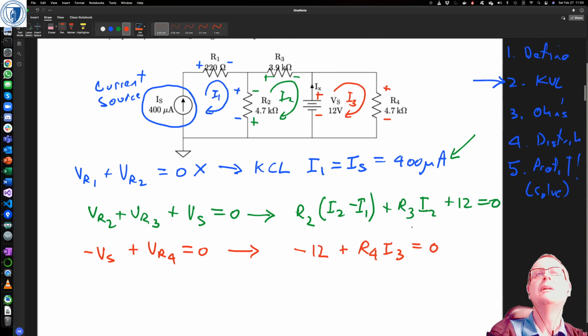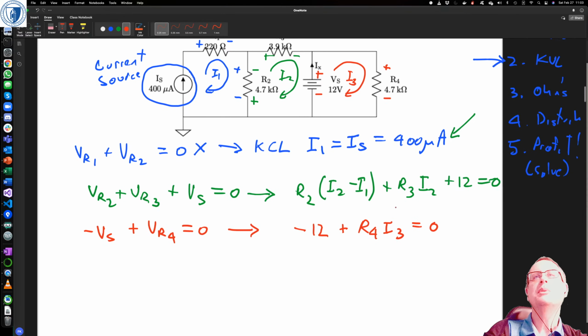Okay. So we're just about there. So that's the Ohm's law one. Now I think I'll take it from here. The distribute and group like terms.